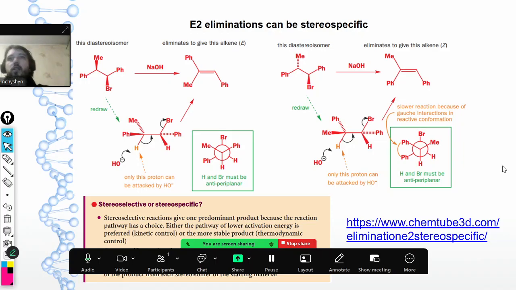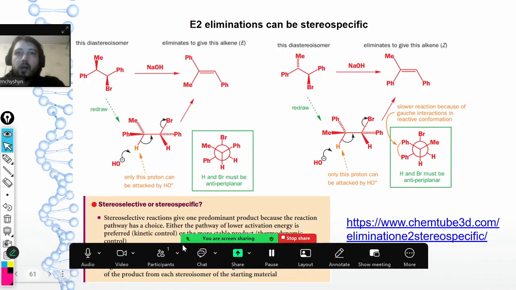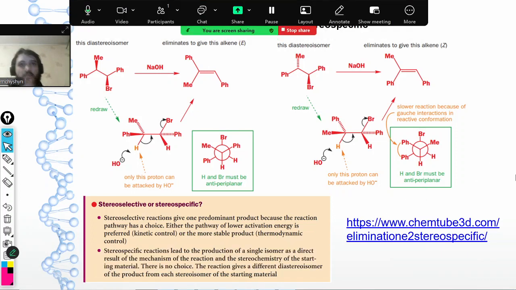E2 eliminations can be stereo specific. Stereo selective reactions, they give one predominant product because the reaction pathway has a choice. So either a pathway of lower activation energy, some kinetic control, or more stable product, the thermodynamic control.